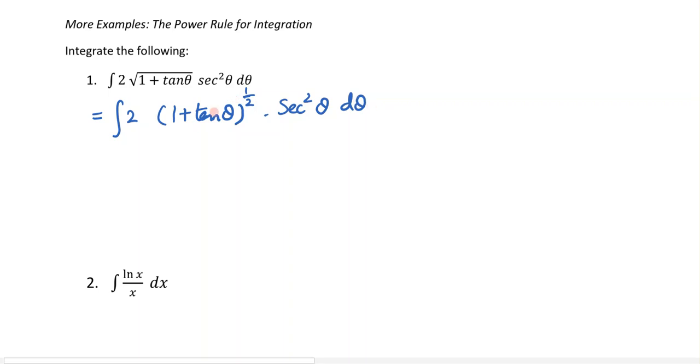So again we have a power of a function, and we recognize that if I take the derivative of 1 plus tangent x with respect to x, it's secant square x.